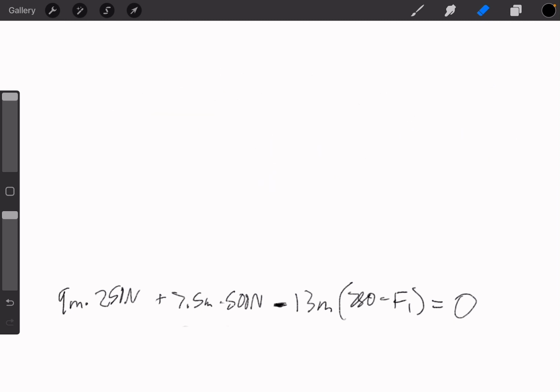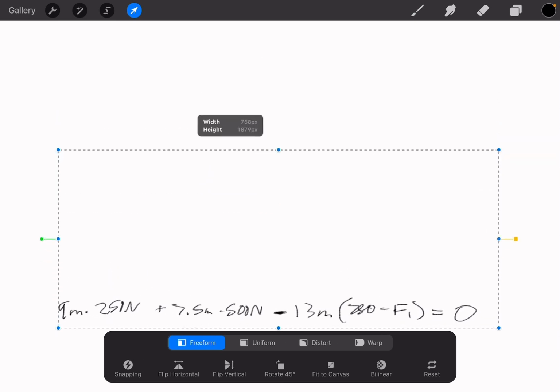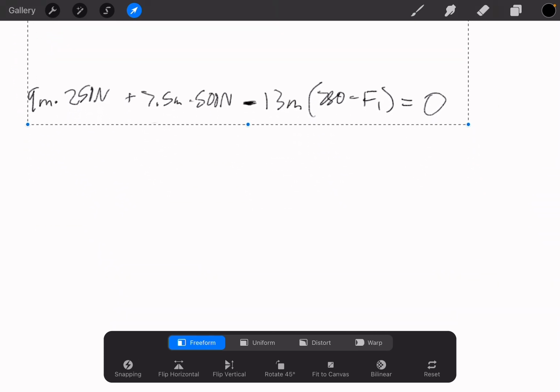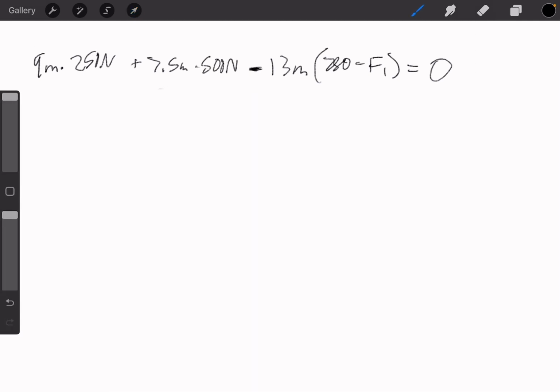So now we can erase all of this to get some more working space. Let's move that up there. So now we can simplify this.